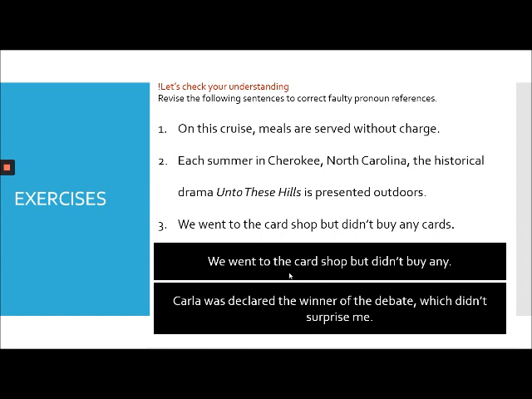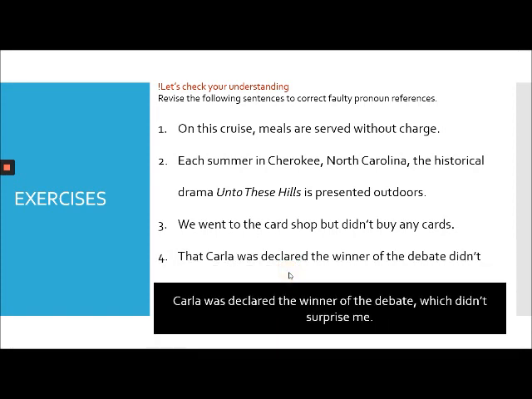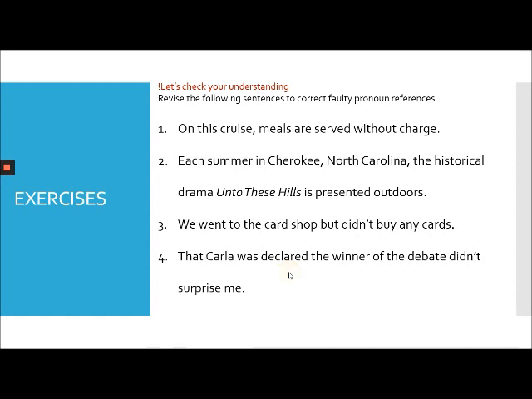Number three, we went to the card shop but didn't buy any cards. Number four, that Carla was declared the winner of the debate didn't surprise me. Did you get it all correctly?